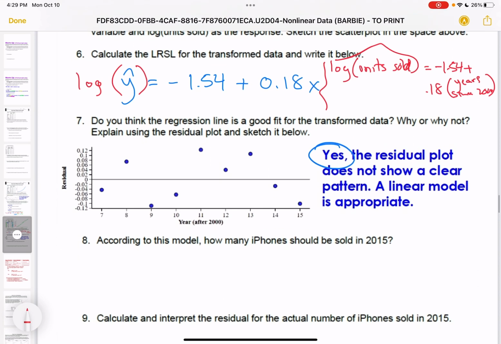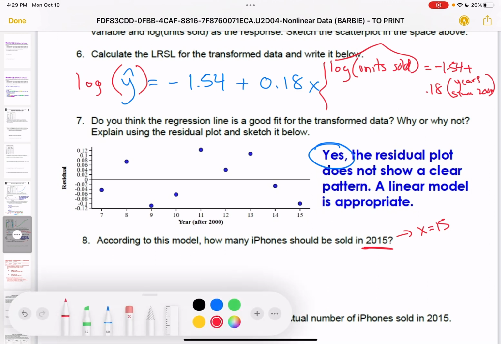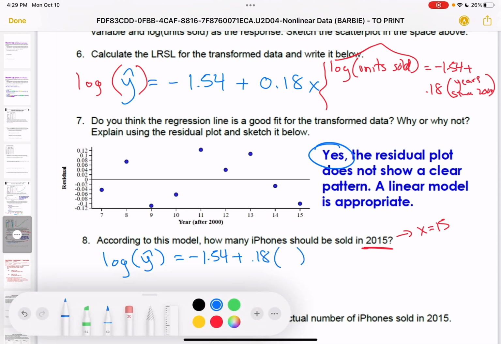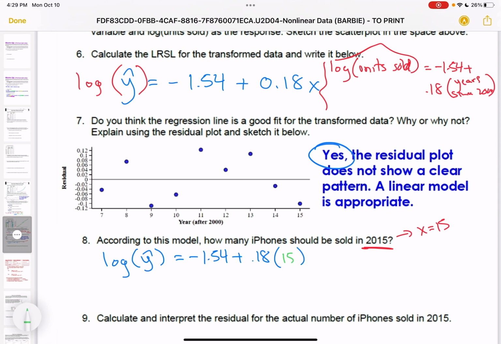So notice here, what you probably would have done initially is you would have just plugged in 15. So don't forget that in this case, our x value equals 15. So that's all I'm going to do. I'm going to take my initial equation, log of my number of units sold, so log of y hat equals negative 1.54 plus 0.18 times, and here's where I'm plugging in my value of 15.